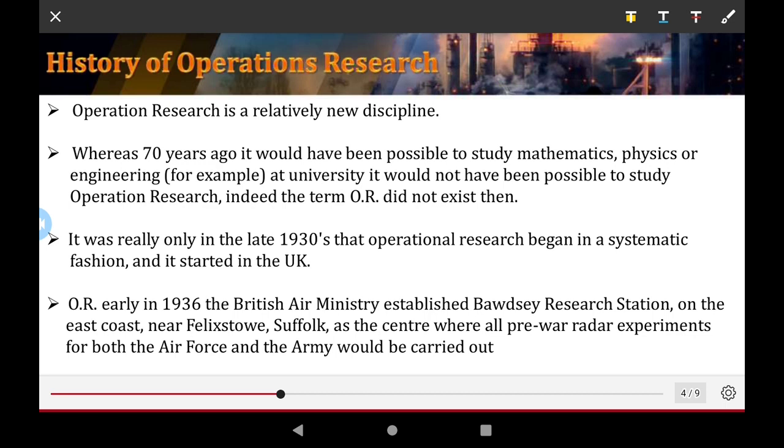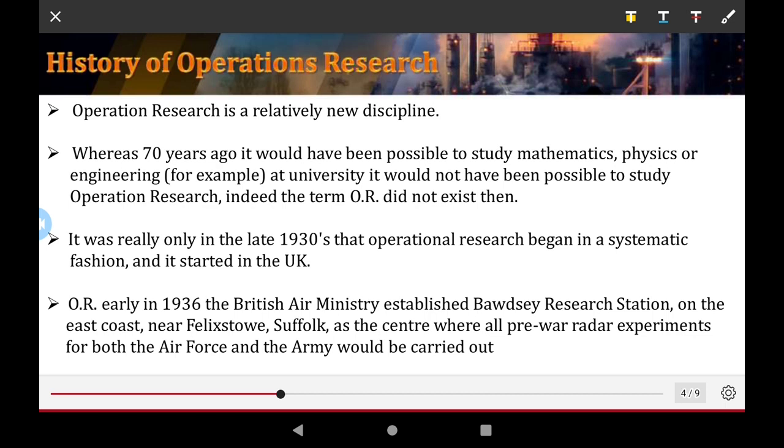The operation research early on, in 1936, the British Air Ministry established research stations. The British government started this in 1936, and the air military established research stations.